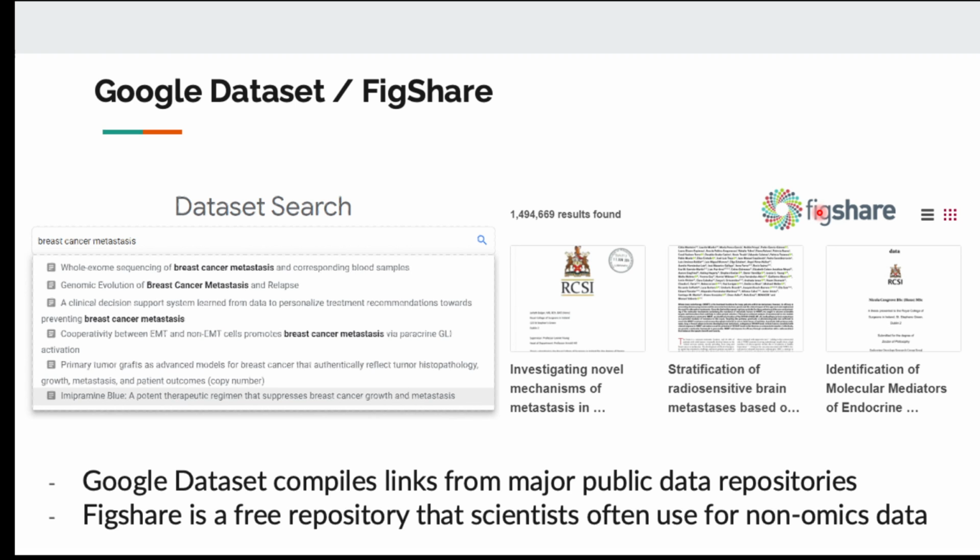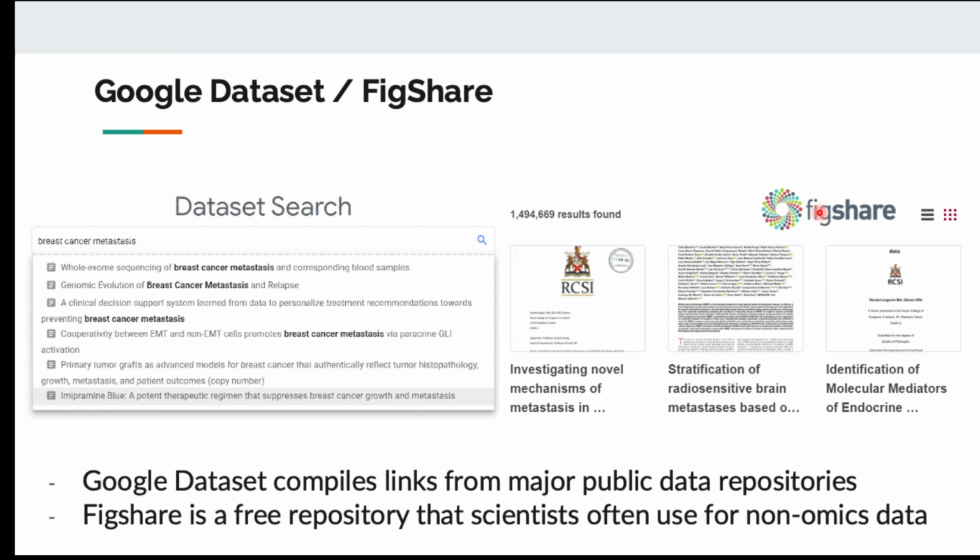And many journals, when they require you to make your data public, if it is standard omics data, you should go to the standard repository. But if the data is a special type of data, like you might have some images, you might have some processed tables that you want to release, there's no repository for those types of data.